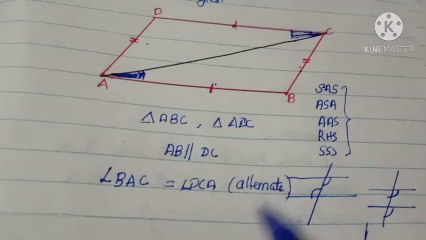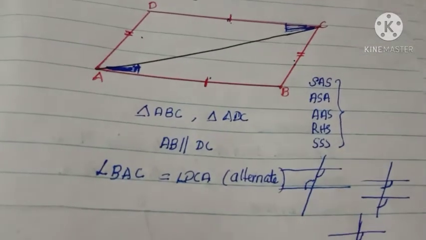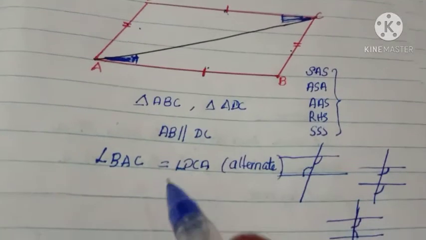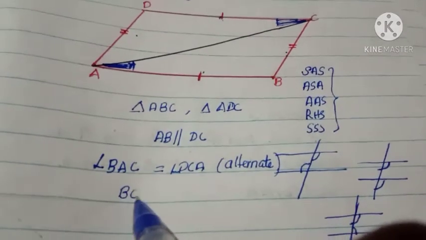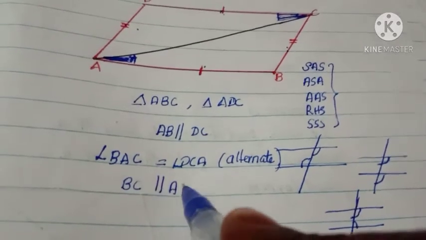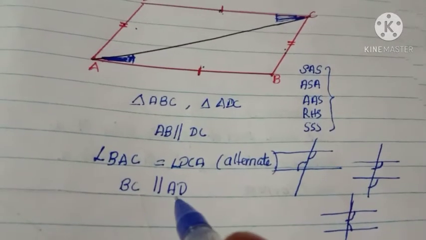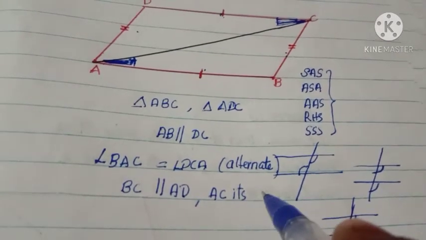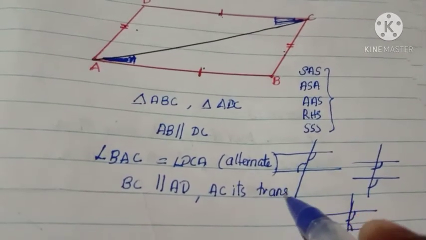And similarly, we can say, listen, these two sides BC and AD are equal and at the same time parallel. BC is parallel to AD. Again AC is the transversal.